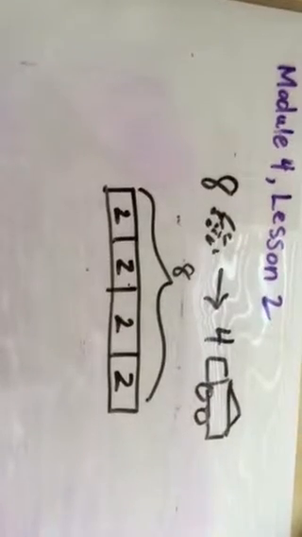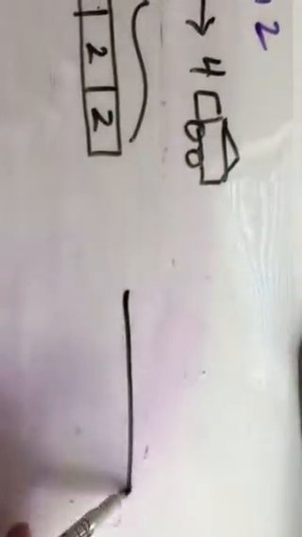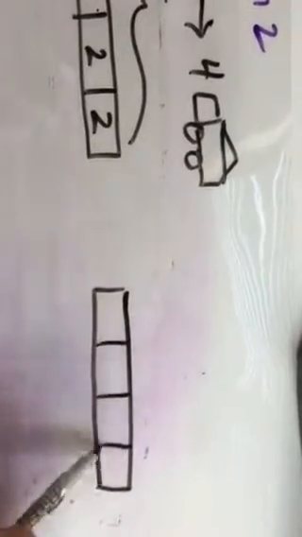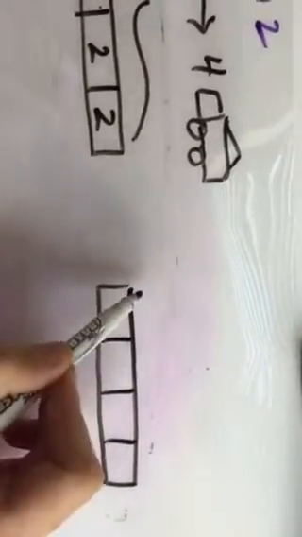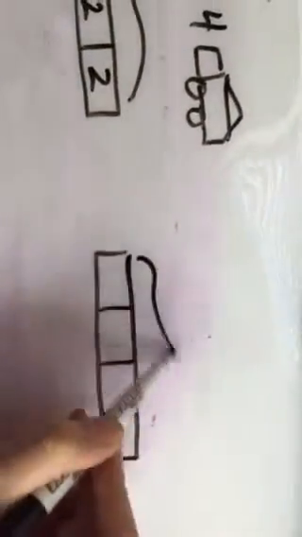Let's look at a different problem. What if I have 5 tons of gravel and 4 trucks? Well, my tape diagram will look about the same. All my gravel being split among 4 trucks. The only difference is that instead of 8 tons, now I've got 5.